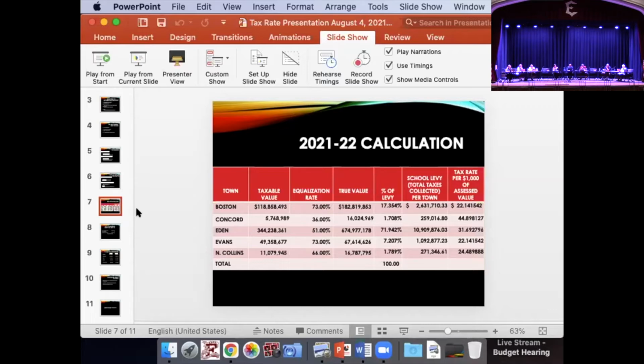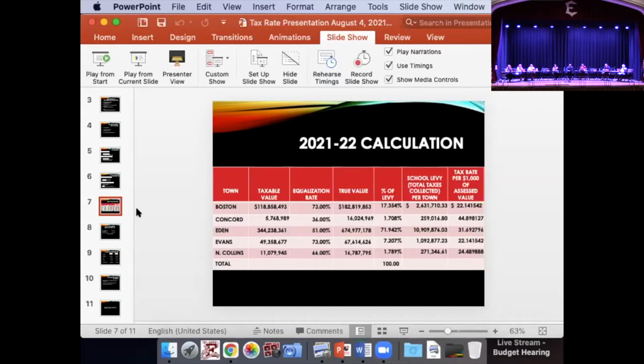So now we look at Evans. They have $49,358,677 of taxable value in the Eden School District. 73% equalization rate. So 49 million becomes $67,614,626 of true value or perceived market value.